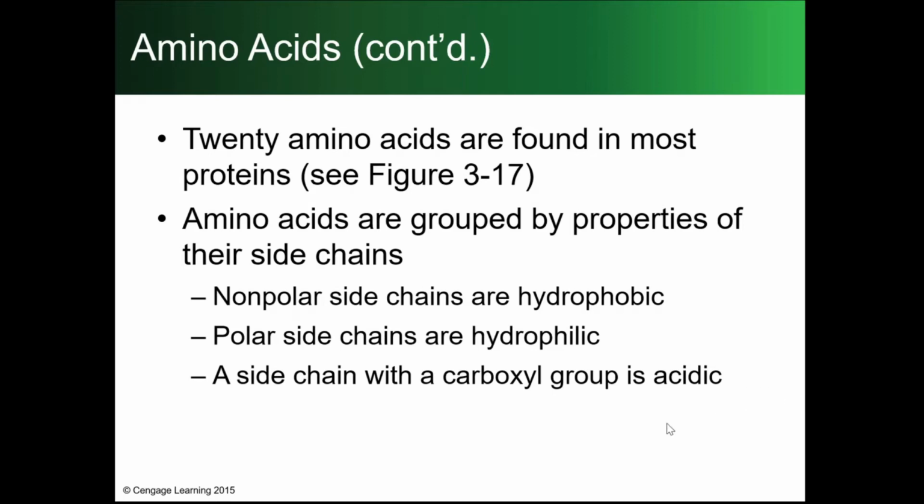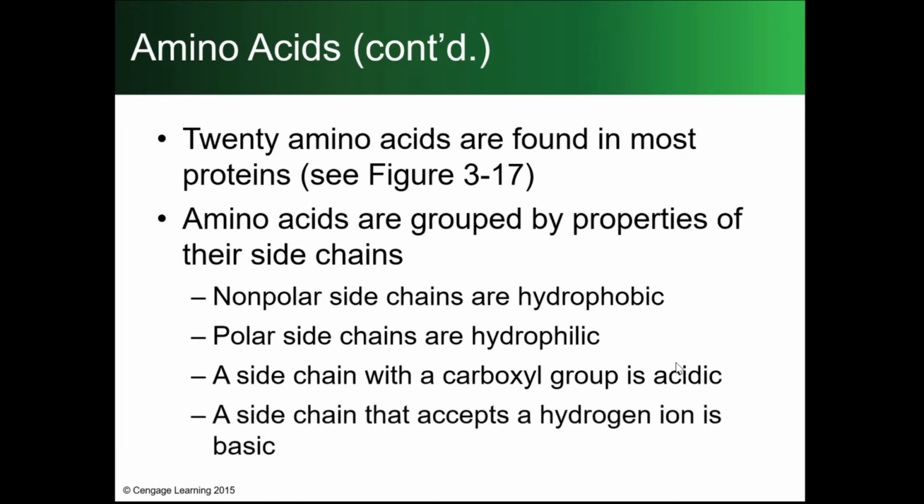A basic amino acid becomes positively charged when an amino group in its side chain accepts a hydrogen ion. Acidic and basic side chains are ionic at cell pH and therefore they are hydrophilic. Hydrophilic means water loving.